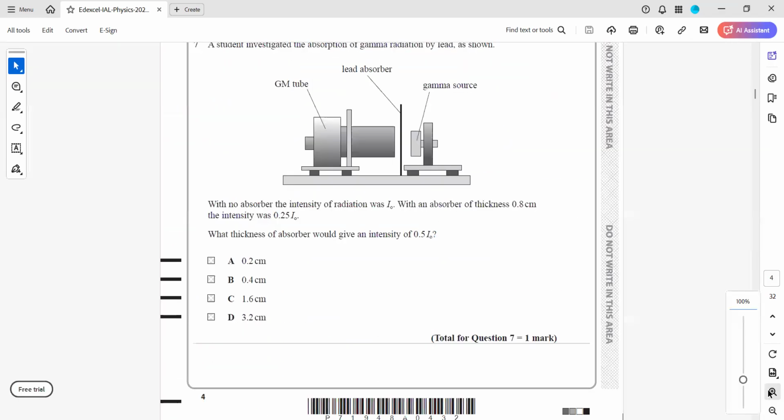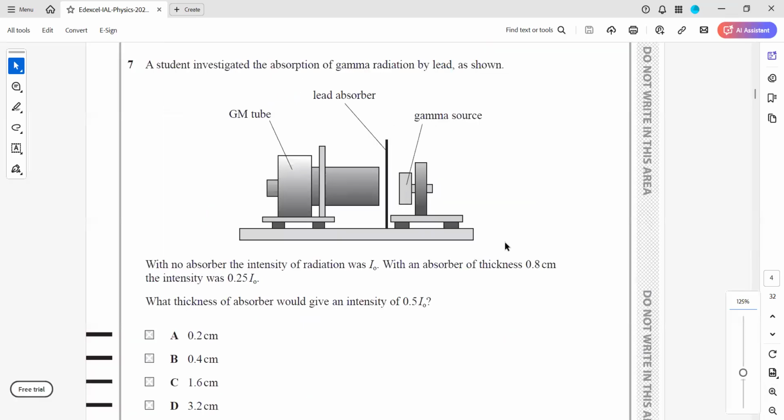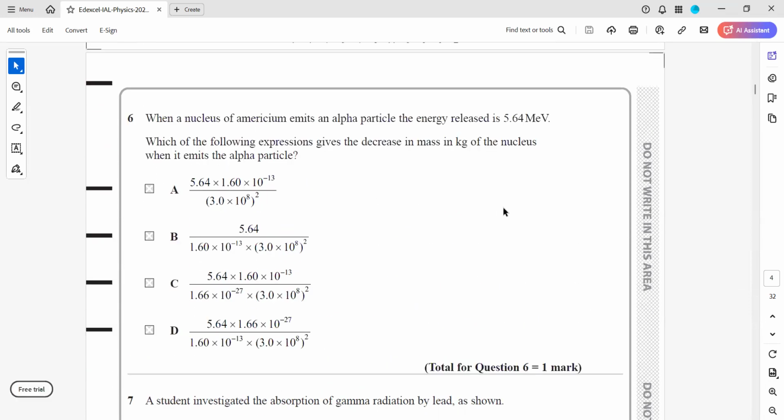Next question is, a student investigates the absorption of gamma radiation by lead. But didn't they ask for the decrease in mass? Yes, decrease in mass is how much mass decreases for the amount of energy which is released. So we use the formula E equals delta m c square.